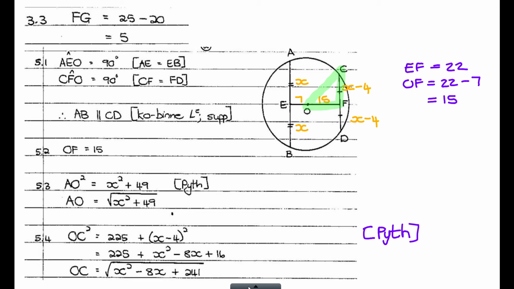Is julle nog by? Goed, nou by 5.5, vra hulle vir my, waarom is AO gelyk aan CO? Because they are both radiuses, nee? Hulle is albei radiusse. Goed, nou by 5.6, sê hulle vir my los op vir X. Kan jy nou sien, hoe hulle vir my stukkie, they're leading me towards what I'm supposed to do.